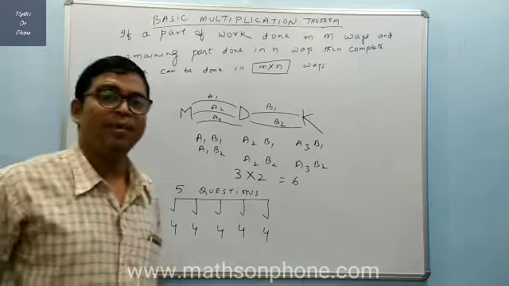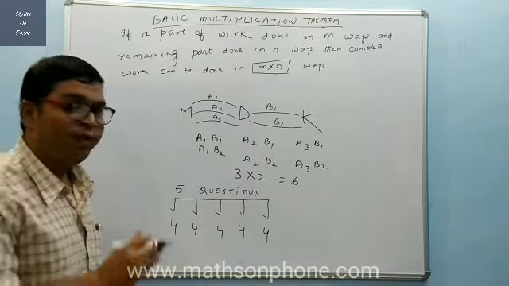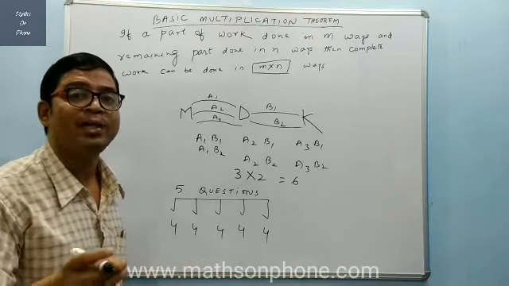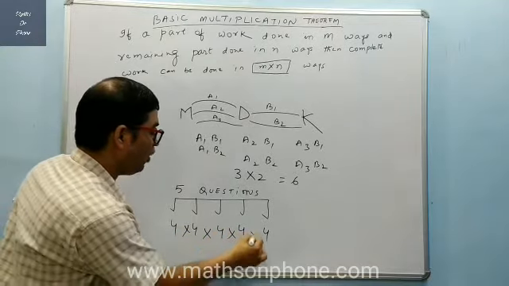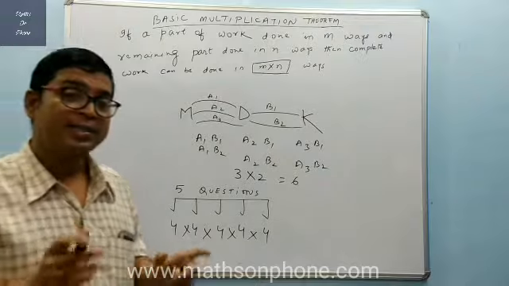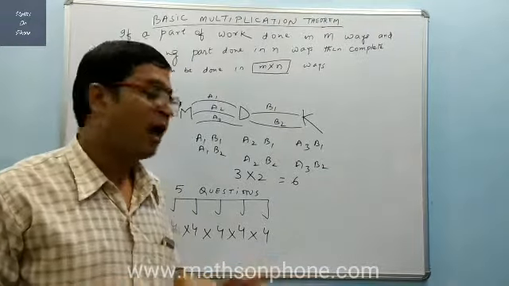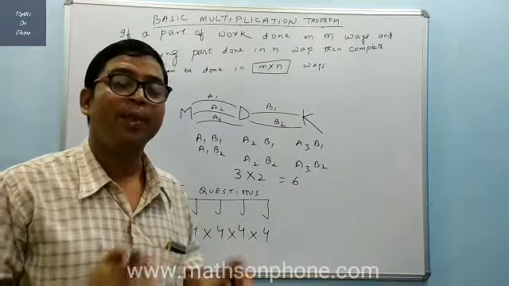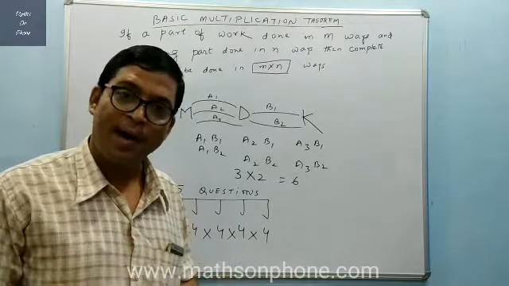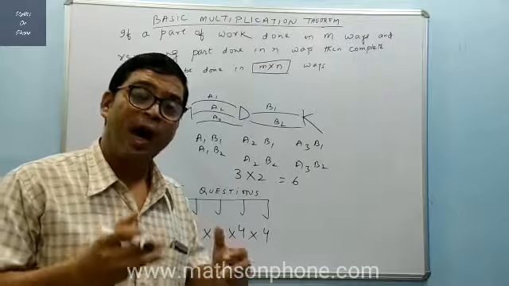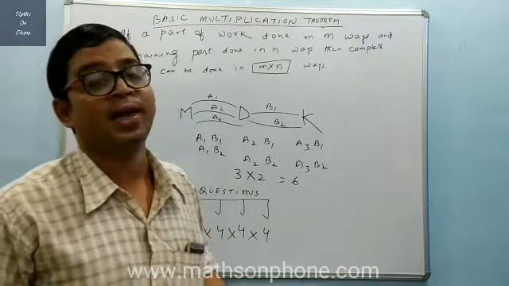So the total number of ways of solving 5 questions of multiple choice is 4 into 4 into 4 into 4. So I just say, wherever you have to solve such type of problem, identify the main work, divide it into subparts and then see in how many ways each subpart can be done.